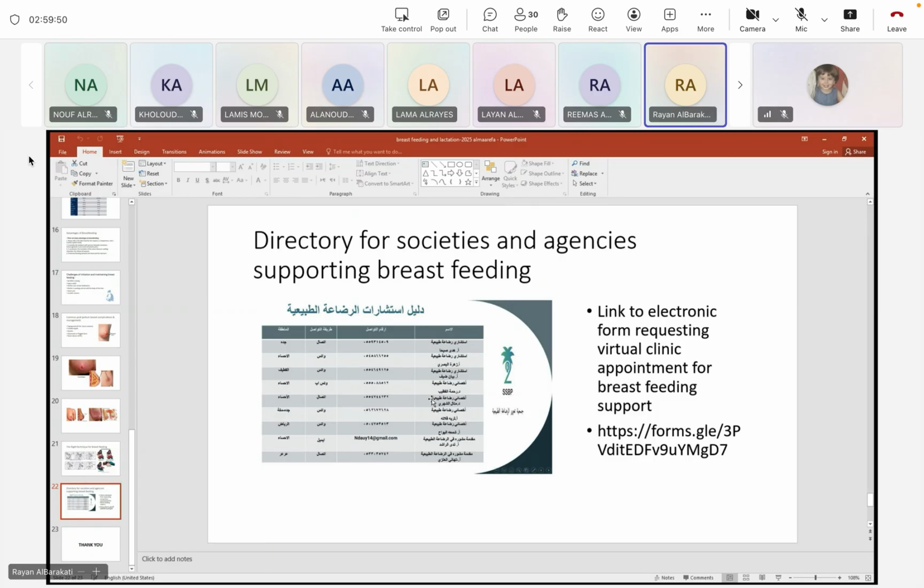I was with the ministry as a consultant, and we worked on many projects. One of them, still ongoing, is the surrogate breastfeeding, meaning the wet nurses will have a directory. The other one is the breast milk bank.